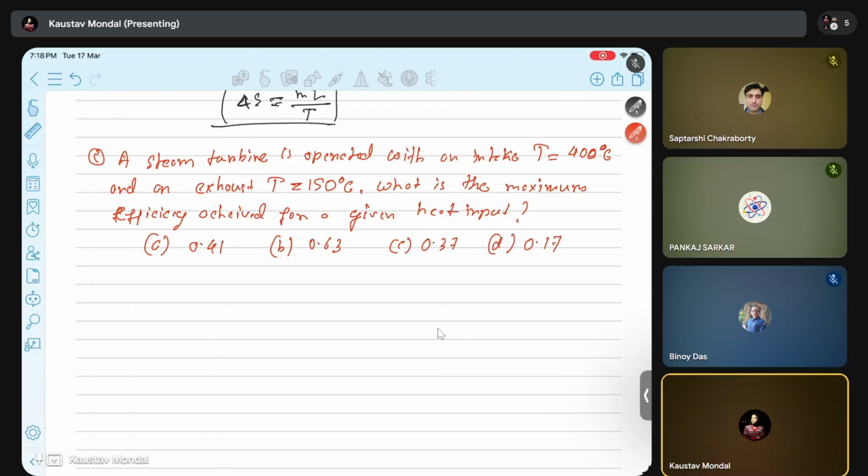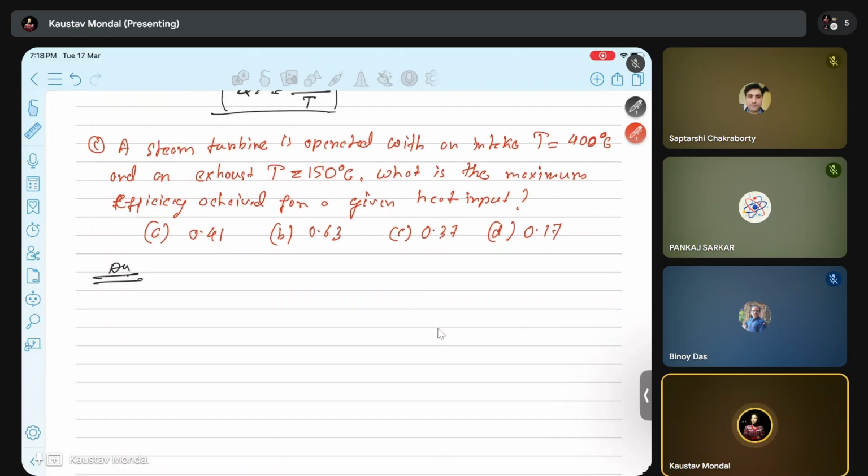So we have discussed from Carnot's theory that the efficiency of no engine can be higher than a Carnot engine, if the heat engine is operated between two particular temperatures. So in that case, the Carnot engine efficiency would be the maximum one.